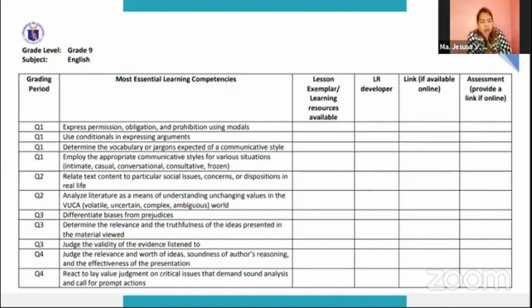Unlike before, there was overlapping of the learning competencies as we viewed earlier. And at the same time, they decongested the learning competencies. Instead of bombarding students with so many learning competencies that we want to give to our learners, here you have to focus on the most essential learning competencies.